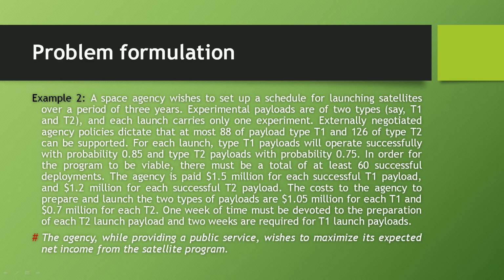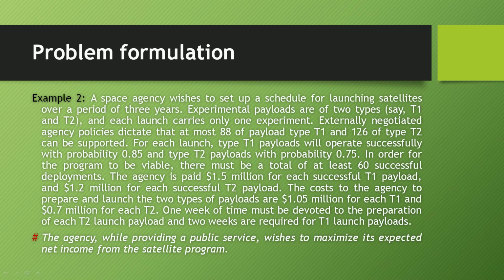External negotiated agency policies dictate that at most 88 of payload type T1 and 126 of type T2 can be supported. For each launch, type T1 payloads will operate successfully with probability 0.85, that means 85%, and type T2 payloads with probability 75%, that means 0.75.